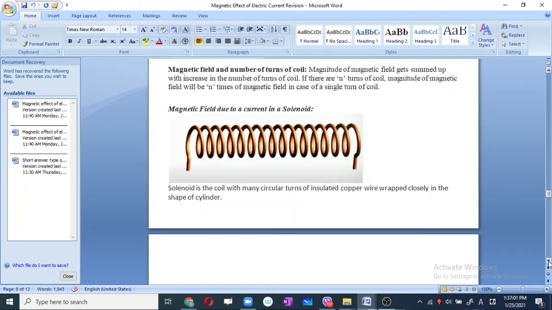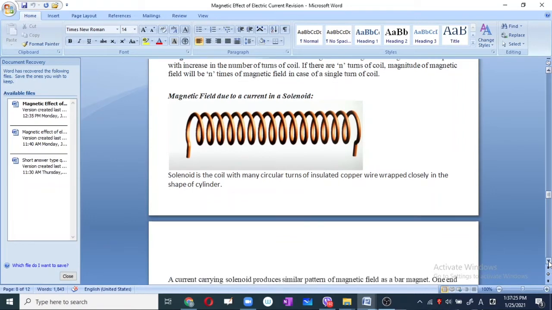The magnetic field produced by that circular loop will also increase by n times. This is what we need to understand. So you can see here magnitude of the magnetic field gets summed up with increase in the number of turns of coil. If there are n turns of the coil, magnitude of magnetic field will be n times the magnetic field in case of single turn of coil. Okay, fine, I think it's clear.